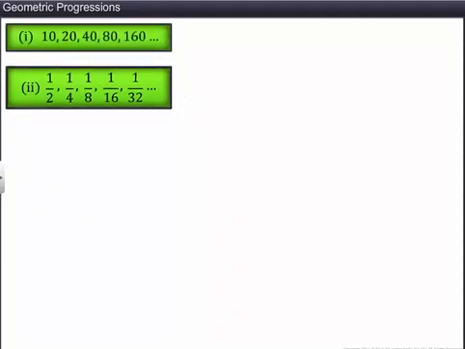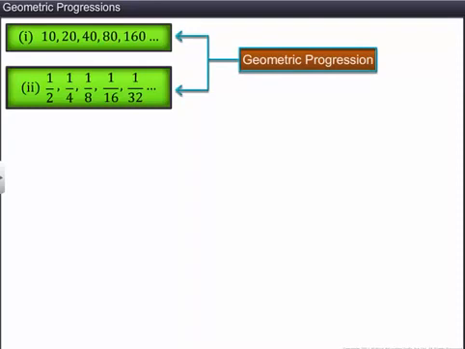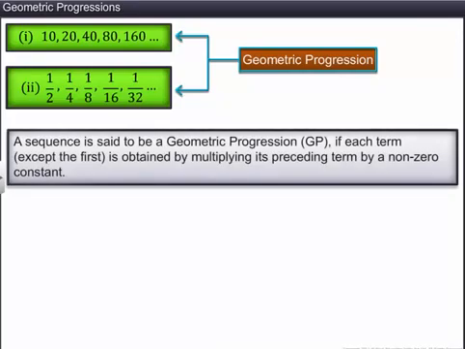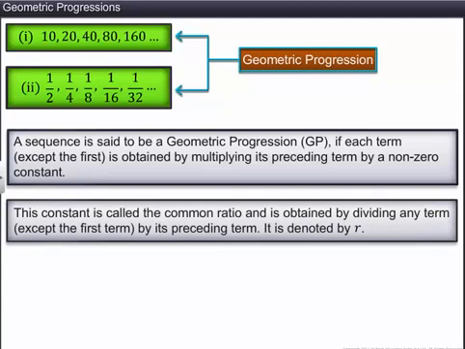Mathematically, a sequence is said to be a geometric progression if each term, except the first one, can be obtained by multiplying its preceding term by a non-zero constant. This constant is called the common ratio and is obtained by dividing any term, except the first term, by its preceding term. It is denoted by r.